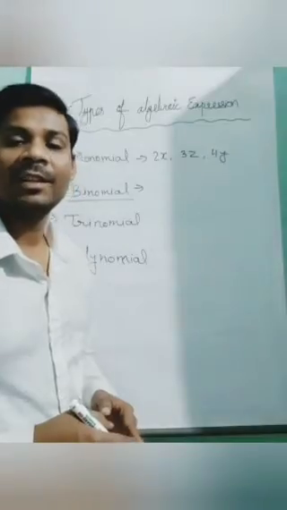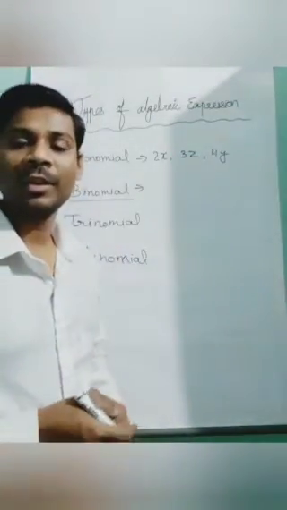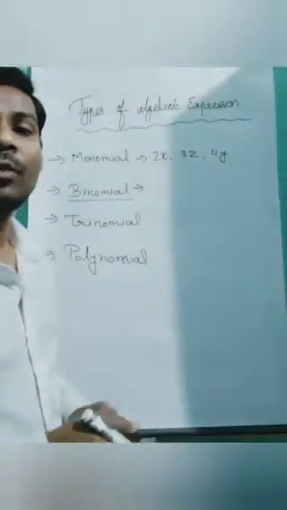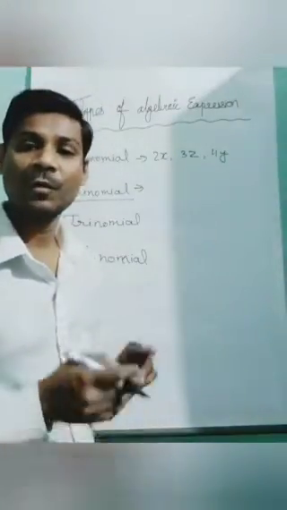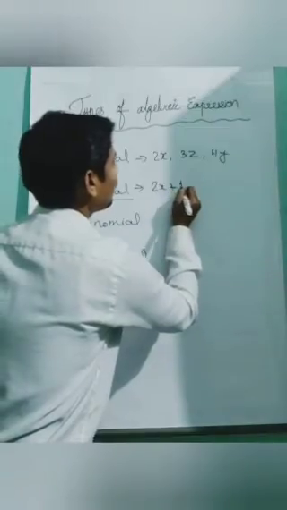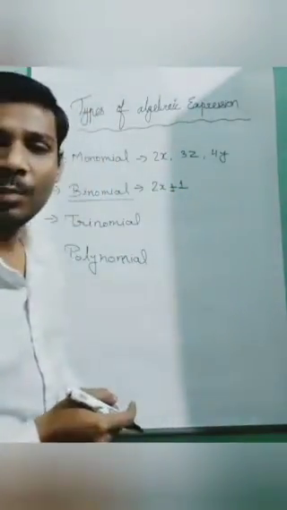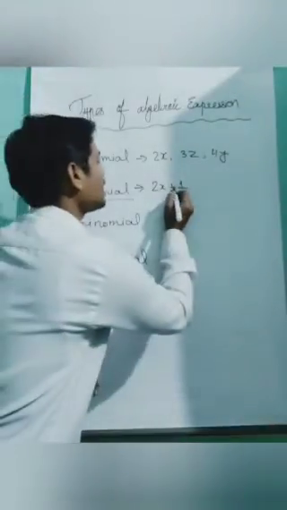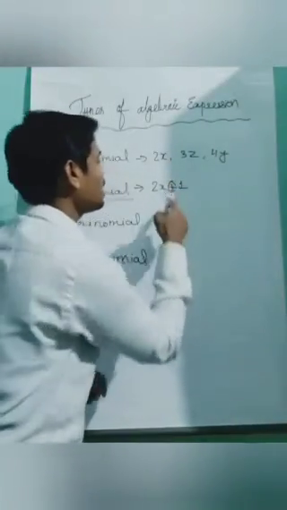Now let's see the next, that is binomial. What is a binomial? A binomial consists of two terms. Two terms means one variable and one constant connected by a mathematical operation, which separates both of them.